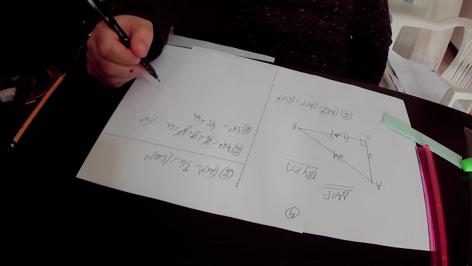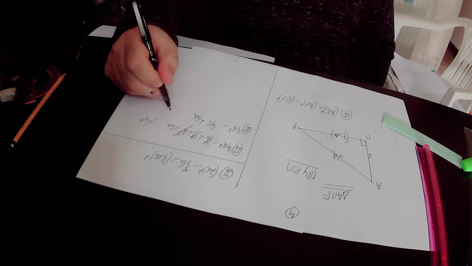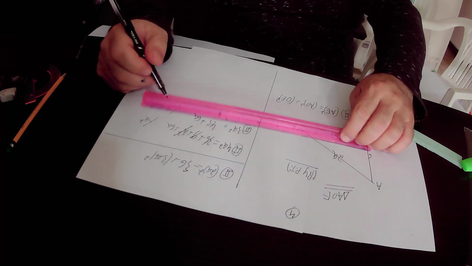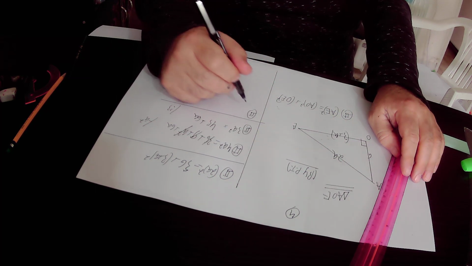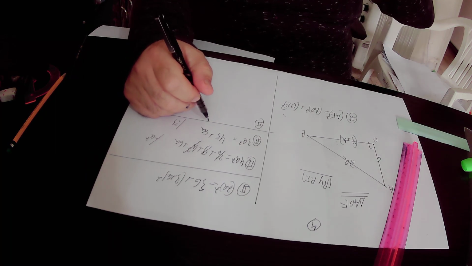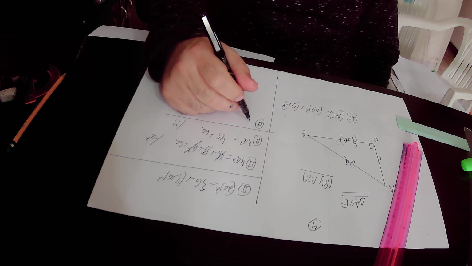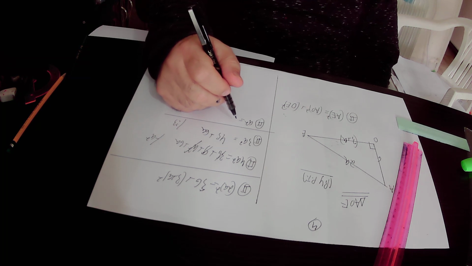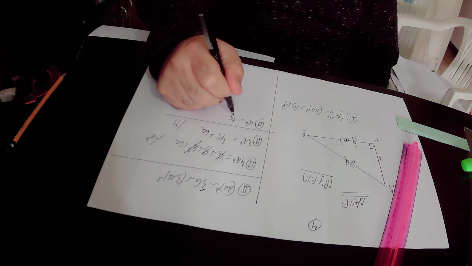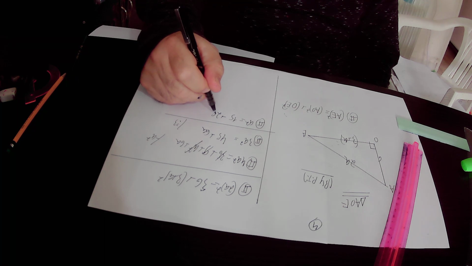We divide equation number 2 by 3, and we get that A squared over 3 is A squared, 45 over 3 is 15, 6 over 3 is 2, so 6A over 3 is 2A.